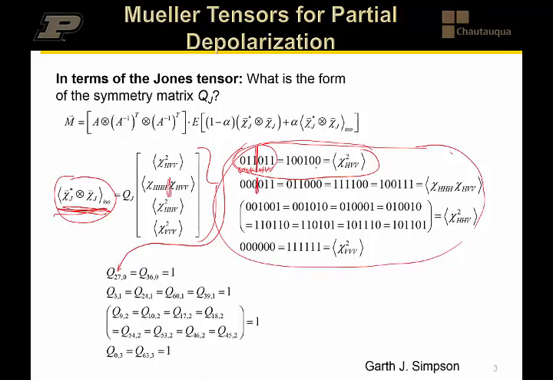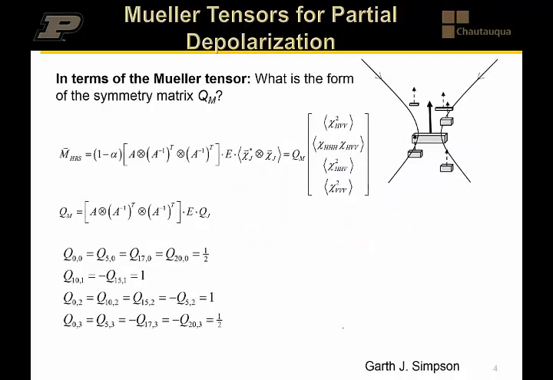And similarly, the 1, 0, 0, 1, 0, 0 corresponds to the decimal number of 36. So we can take advantage of the tensor index orderings to tell us the decimal location inside that symmetry matrix for the Jones transformation. So it's very easy to populate Q sub j based on knowledge of these 4 unique tensor elements.